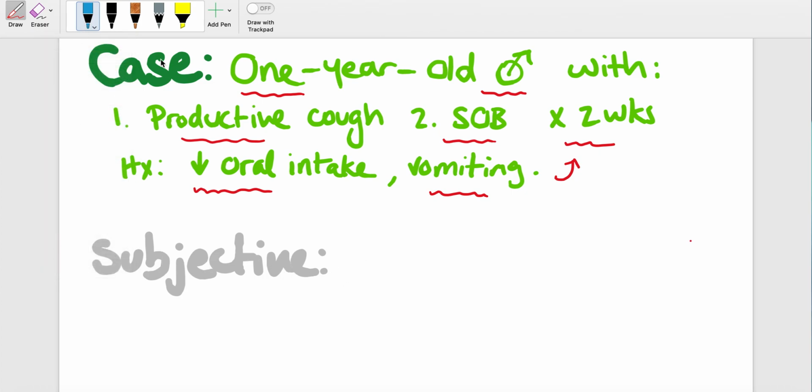So we will write 1-year-old boy. And since he's a baby, you have to write if he's full term or preterm. So 1-year-old baby boy, our case a full-term baby.